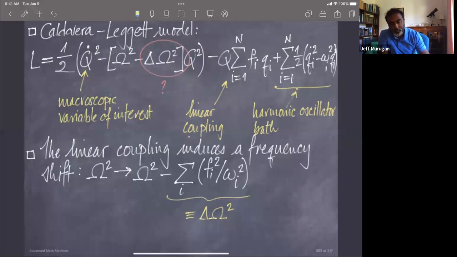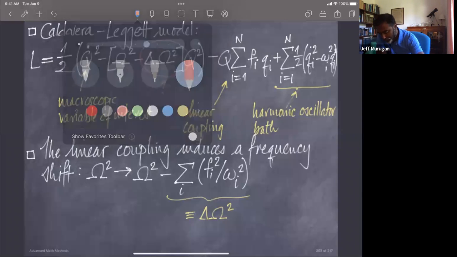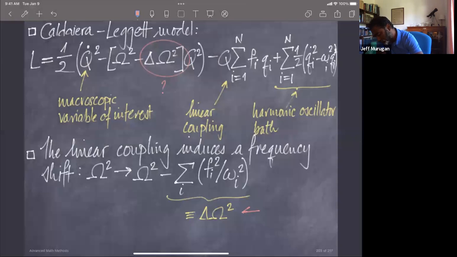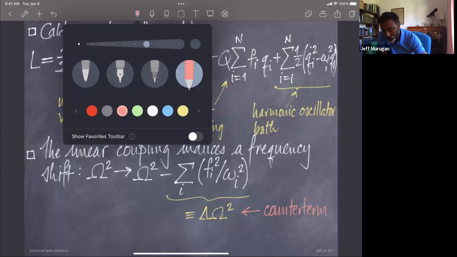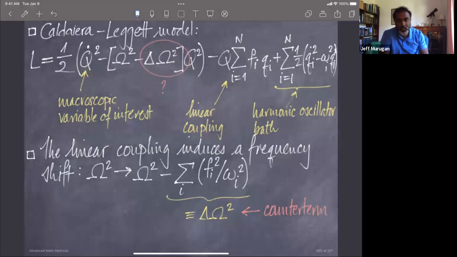This is what we call a counter term. So I add this counter term to my original action, my original Lagrangian, to precisely cancel out this effect. Is everybody with me? And you'll see what will happen in a little bit if I didn't do this.